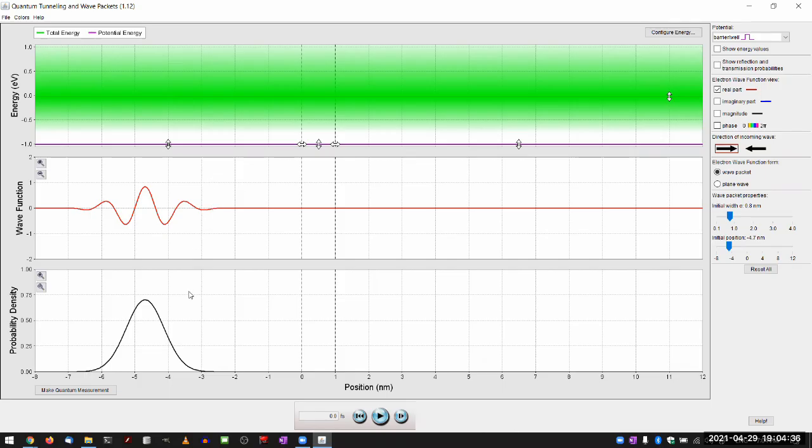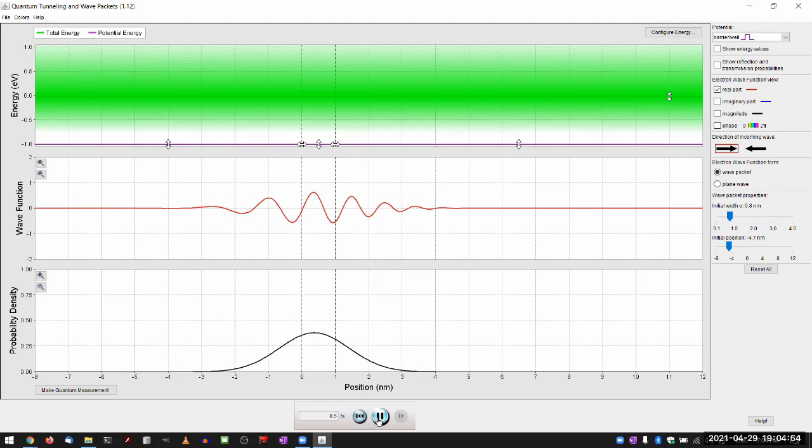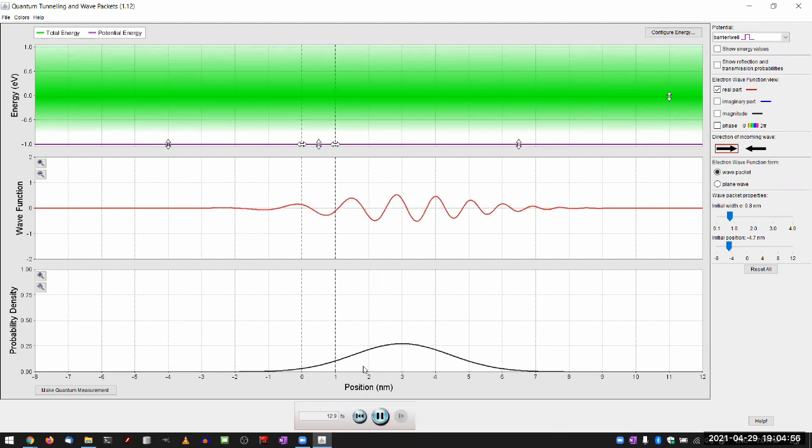So this uncertainty in momentum means uncertainty in velocity. And uncertainty in velocity means that certain parts of this wave, in some sense, quote unquote, move faster and some parts move slower. And those different speeds of different parts of the particle make it spread out.